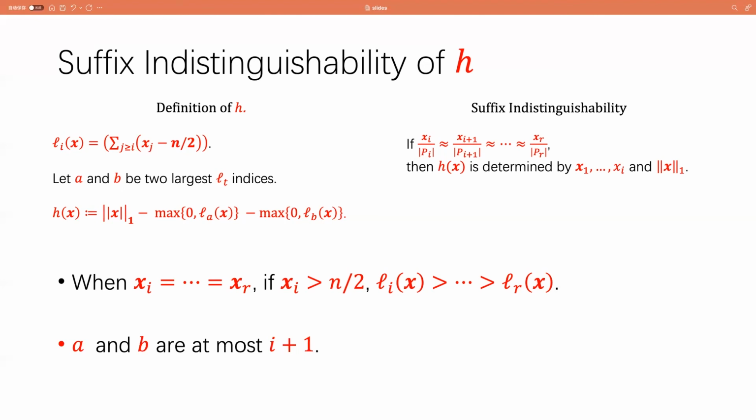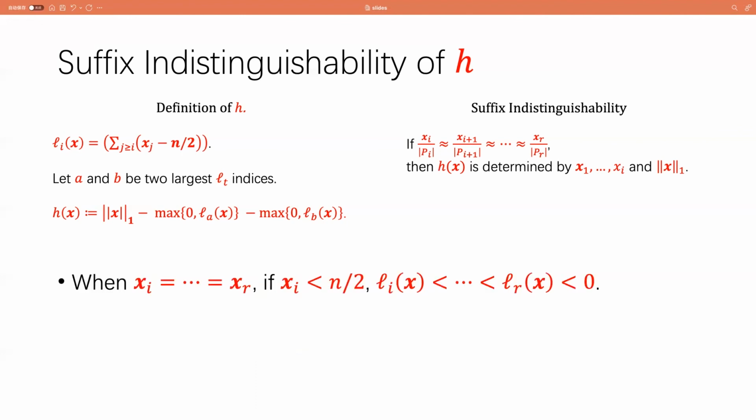Note that L_i(x) only depends on the sum of L_i to L_r, and L_{i+1}(x) only depends on the sum of L_{i+1} to L_r. So the value of h only depends on x_1, x_2 to x_i and the sum of x_i to x_r, which implies it satisfies the suffix indistinguishability.